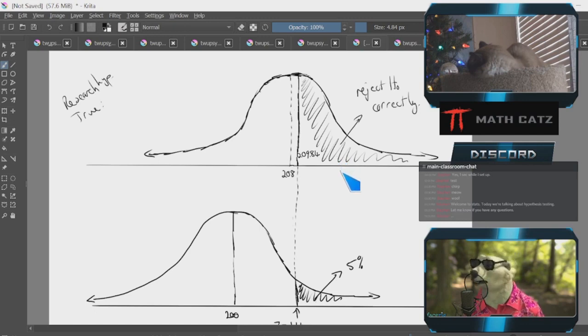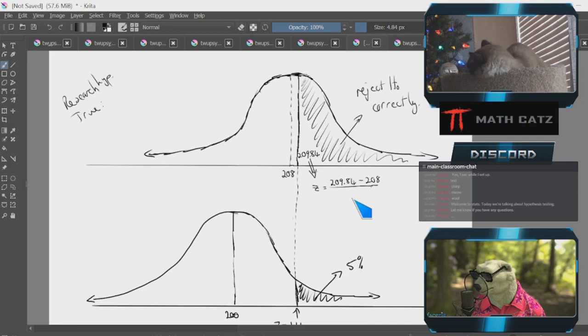So let's see, can we calculate this area by looking it up in the table? For that, we're going to have to convert this 209.84 to its appropriate z-score in this distribution. So the z-score here will be 209.84 minus 208 over our standard deviation of the comparison distribution, which in this case is 6.